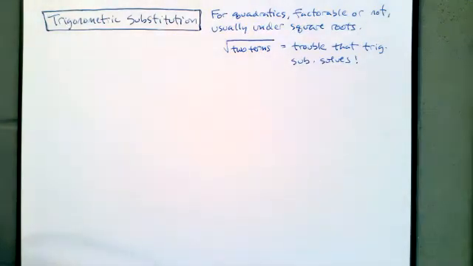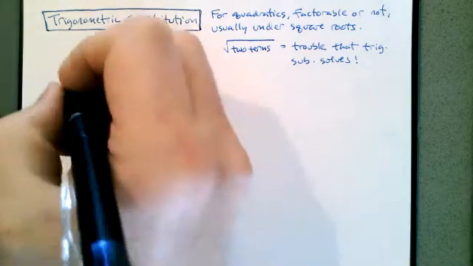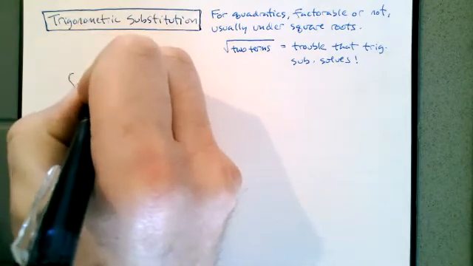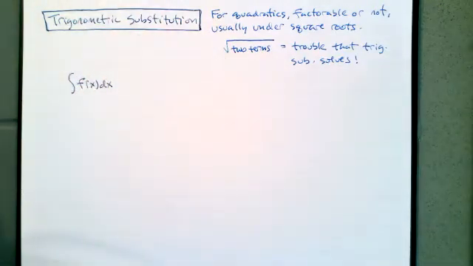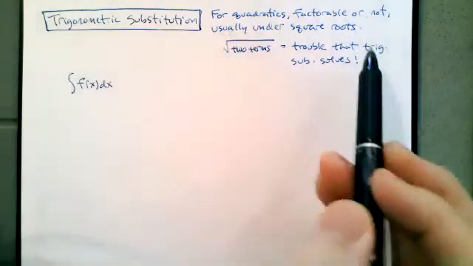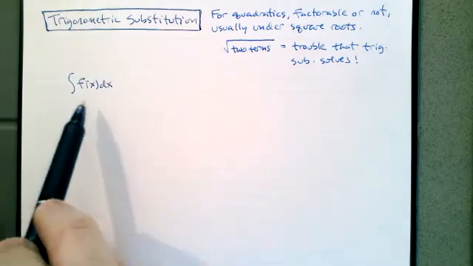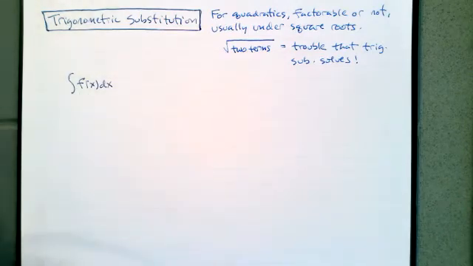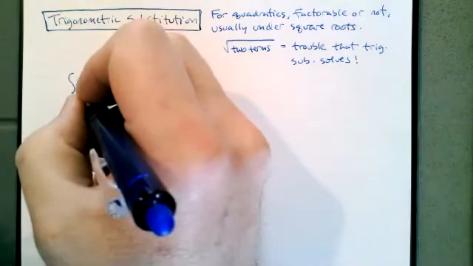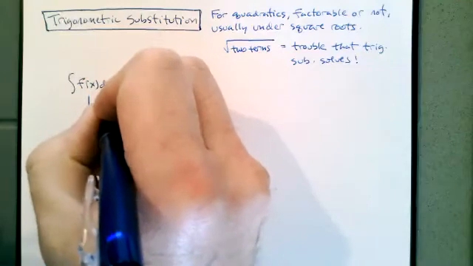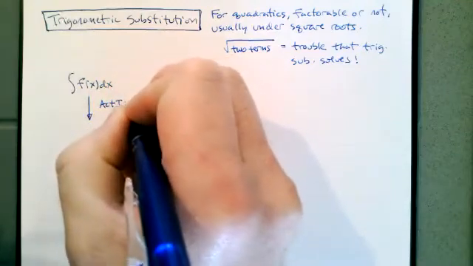So let's review the roadmap of trigonometric substitution. We have an integral of f of x dx, and this integral has a quadratic, factorable or not, probably under a square root, and we can't do some other substitution on it. We talked about the three acts of trigonometric substitution. Act 1 is to do the trig sub.